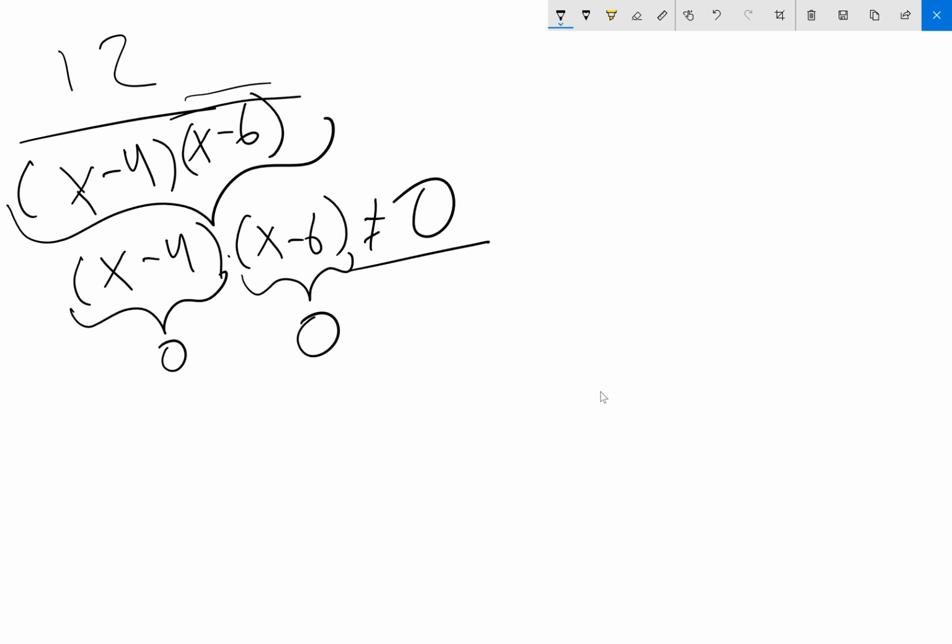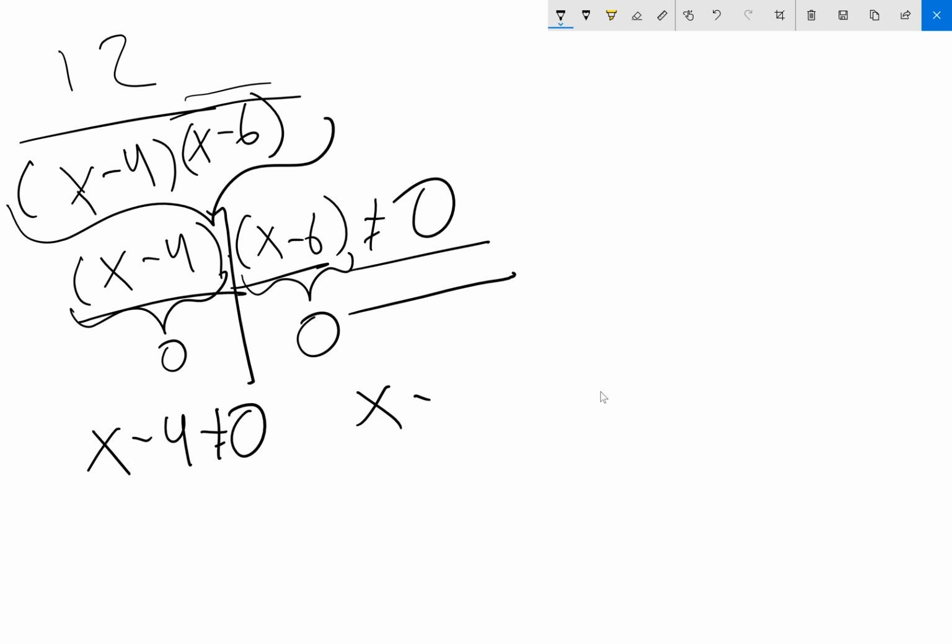If this is 0, this whole thing is going to be 0. So we need to kind of split it up and make sure that neither of these can be 0. So we say x minus 4 doesn't equal 0, x minus 6 doesn't equal 0. We're going to solve.